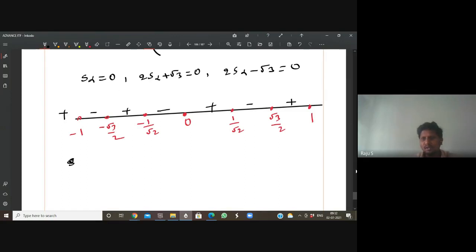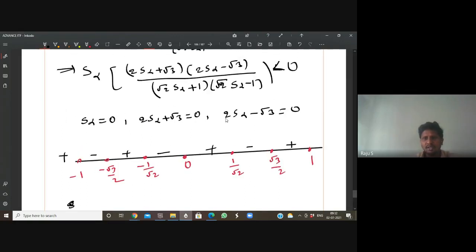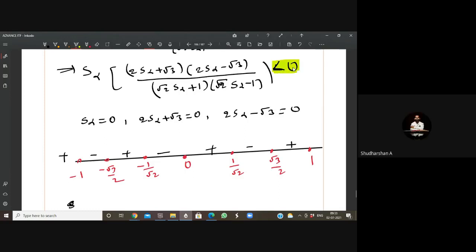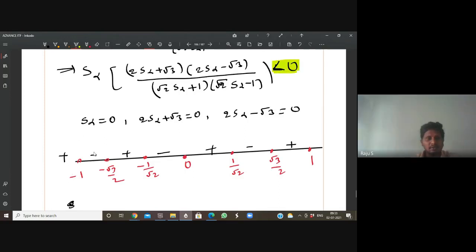See, what are the intervals that are correct according to that? Anyone? It should be lesser than 0, means positive values or negative values? Negative. Lesser than 0, finally negative value. We can consider the negative interval. These are the intervals that are correct.